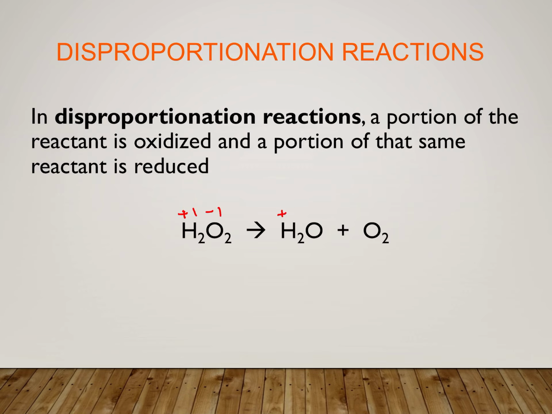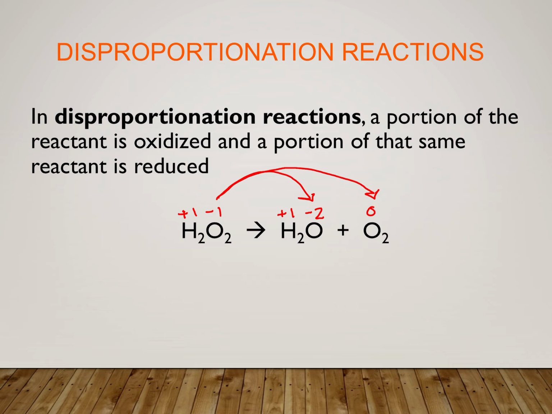If we look at hydrogen on the left, hydrogen is still a +1 in water, but oxygen now is a -2. But oxygen over here, when it's sitting by itself, is a 0. So we have oxygen being reduced, because it gains an electron, and we have oxygen being oxidized because it loses an electron.